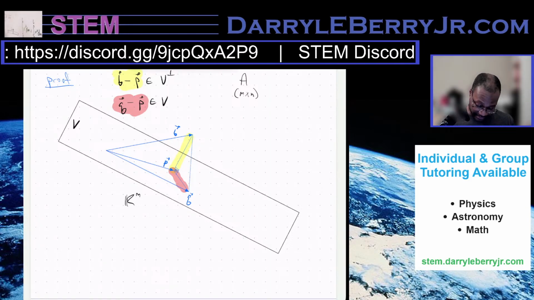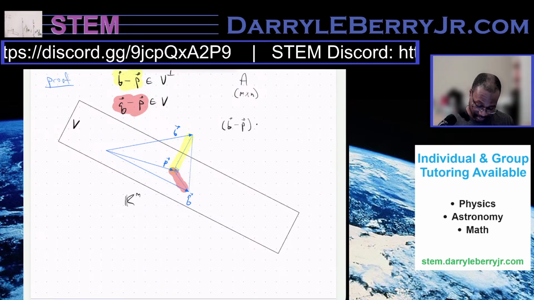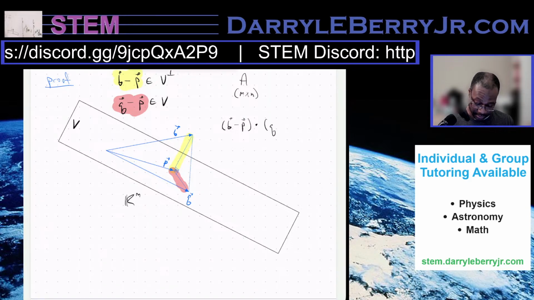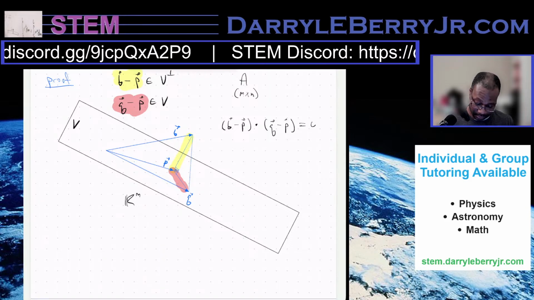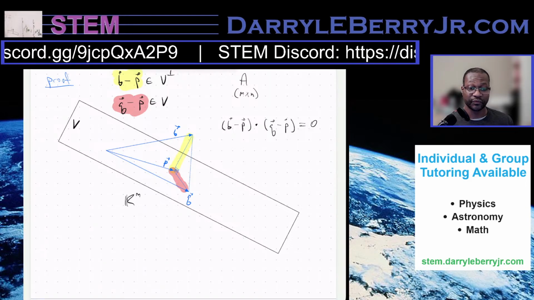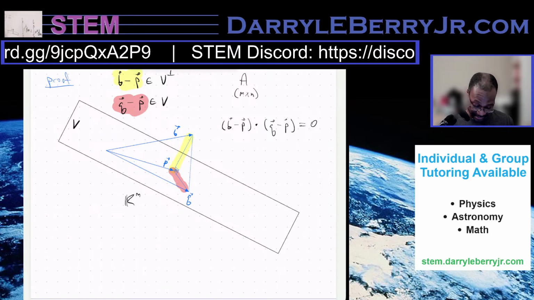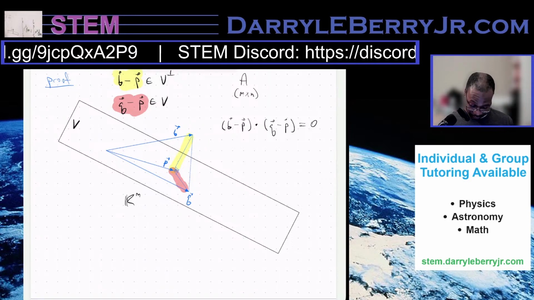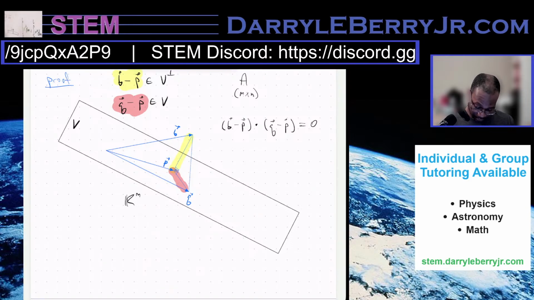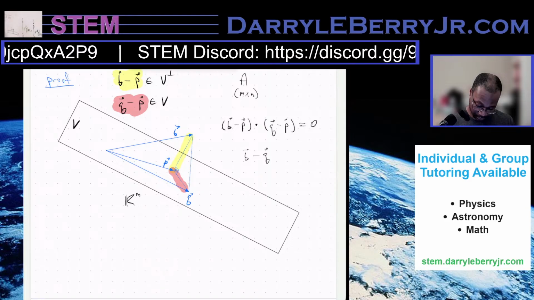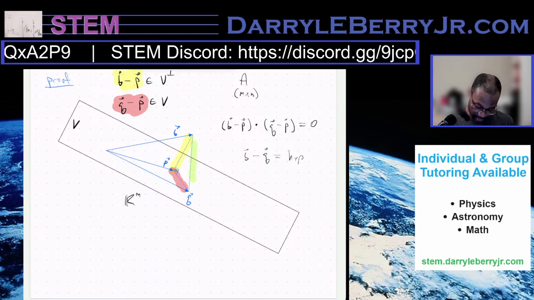So that means that vectors B minus P and Q minus P are orthogonal, form a right triangle, and the hypotenuse is B minus Q. B minus Q equals the hypotenuse. That's just this.